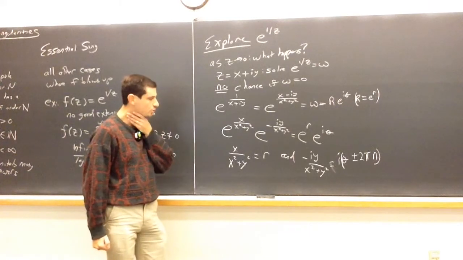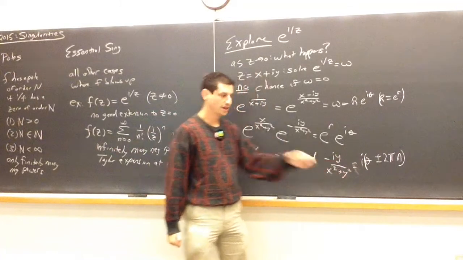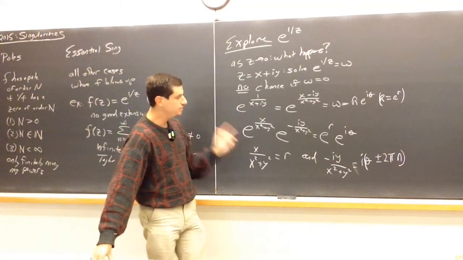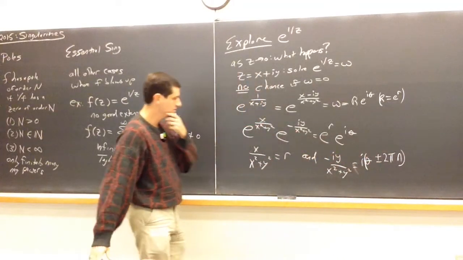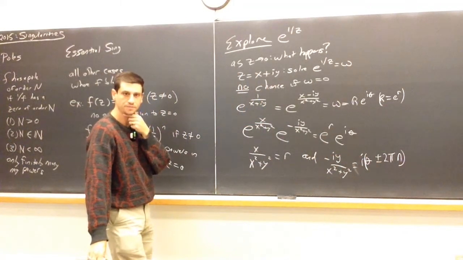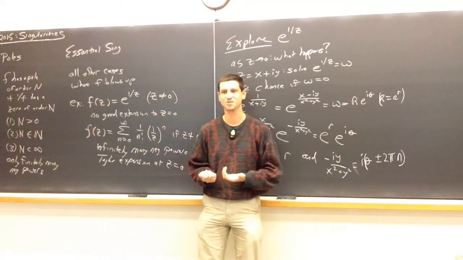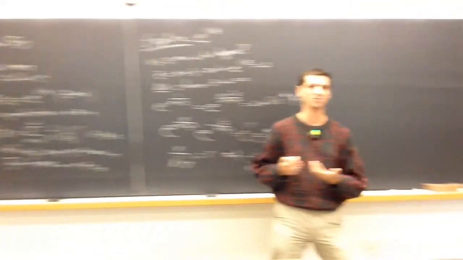So now I have two equations in two unknowns. You give me r and theta, and I have to solve for x and y. And it's actually even better: I can give you r, theta, and n and get a sequence of x's and y's. Now I know I've made a huge deal about how complex analysis reduces everything to algebra. We've now reduced things to algebra again. I don't want to do the algebra.